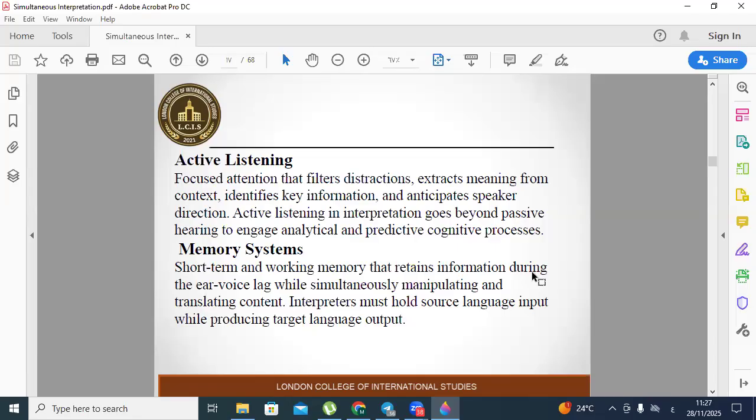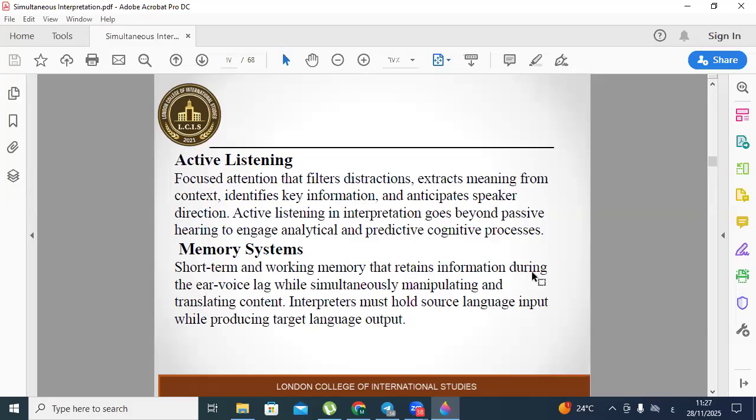Active listening in interpretation goes beyond passive hearing to engage analytical and predictive cognitive processes. Memory systems: short-term and working memory that retains information during the ear-voice lag while simultaneously manipulating and translating content.